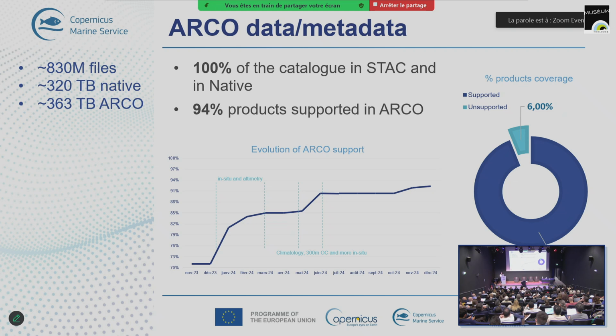We had some further improvements when we supported climatology datasets, some ocean color at 300 meters, so the high resolutions, more in situ. So, I mean, we made a lot of improvements on this.